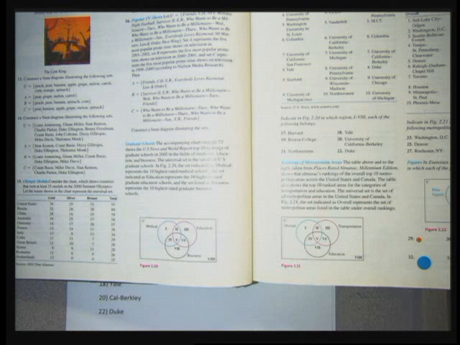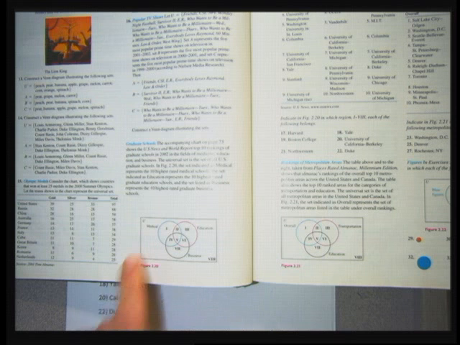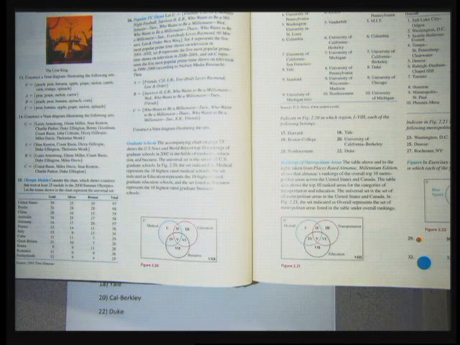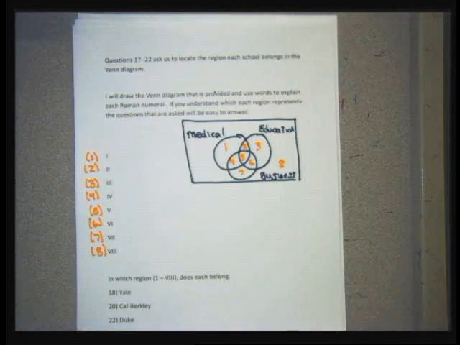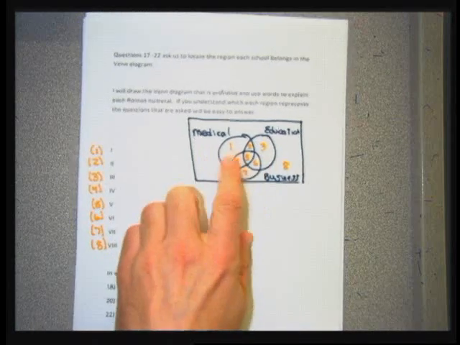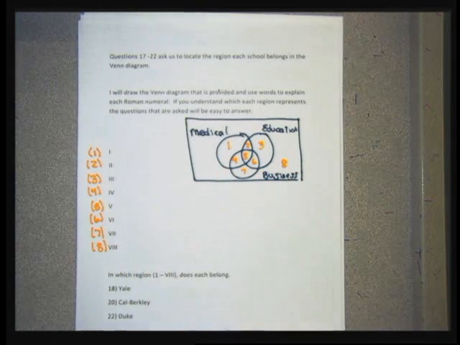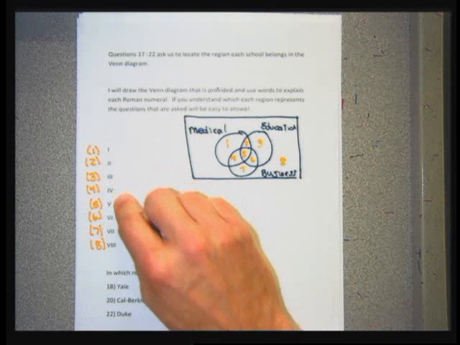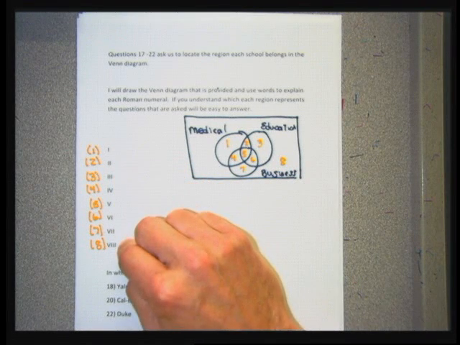Inside the picture it's a Venn diagram with three circles, one circle labeled medical, one education, and one business, and then the author used Roman numerals inside the circles that you may not be familiar with, so I wrote the Roman numerals out as numbers. So in my circles I have 1, 2, 3, 4, 5, 6, 7, 8.